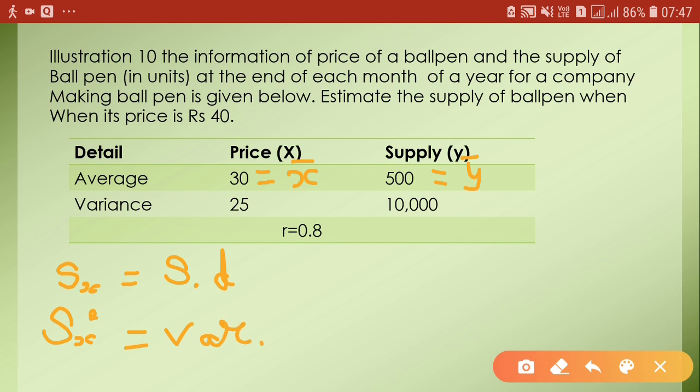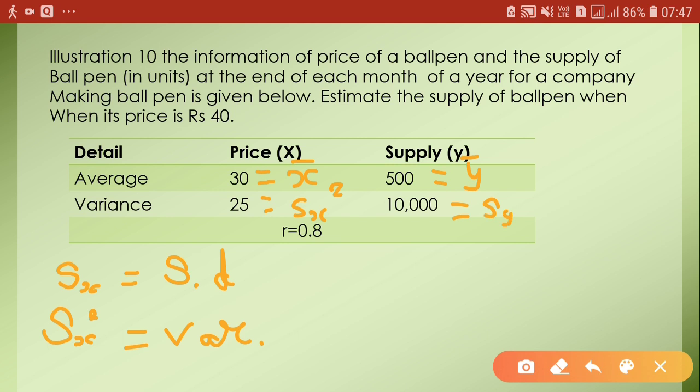So standard deviation is Sx and variance is Sx square. You can see in the above table 25 and 10,000 are variances. So 25 is for x. What should it be? As it is variance, it should be Sx square. And what should this be?